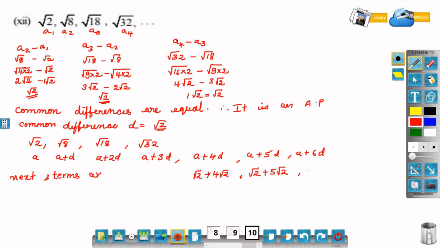Next, A plus 6D, root 2 plus 6 root 2. So next three terms are 1 root 2 plus 4 root 2 is 5 root 2. 1 root 2 plus 5 root 2 is 6 root 2. 1 root 2 plus 6 root 2 is 7 root 2. So next three terms are 5 root 2, 6 root 2 and 7 root 2.